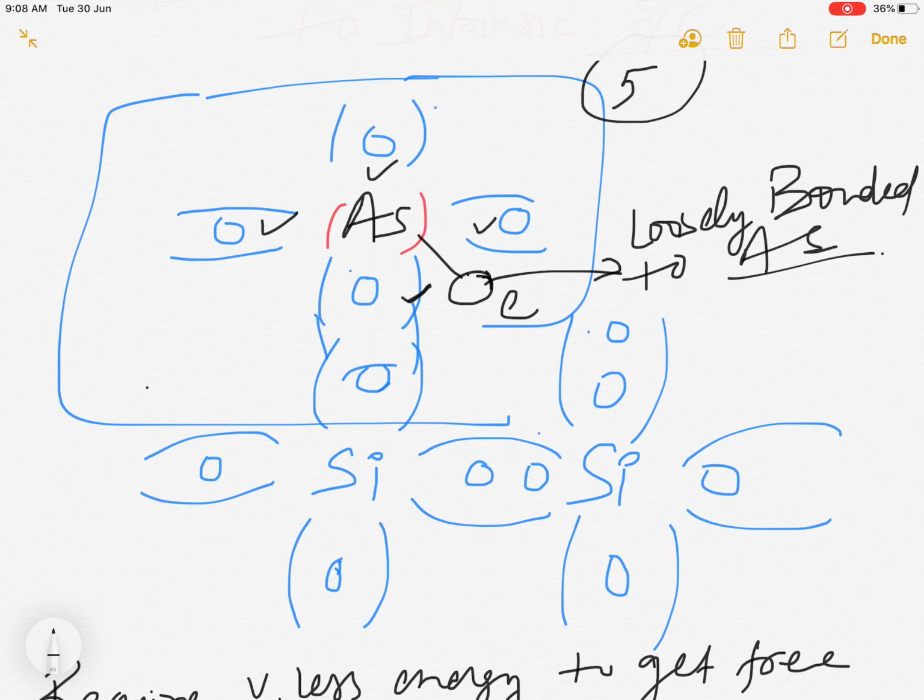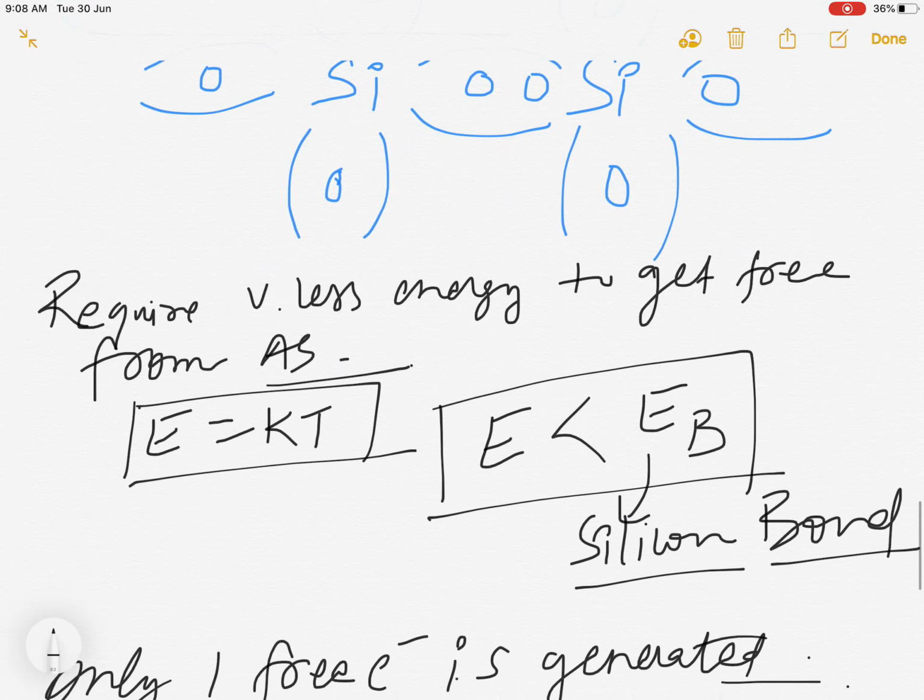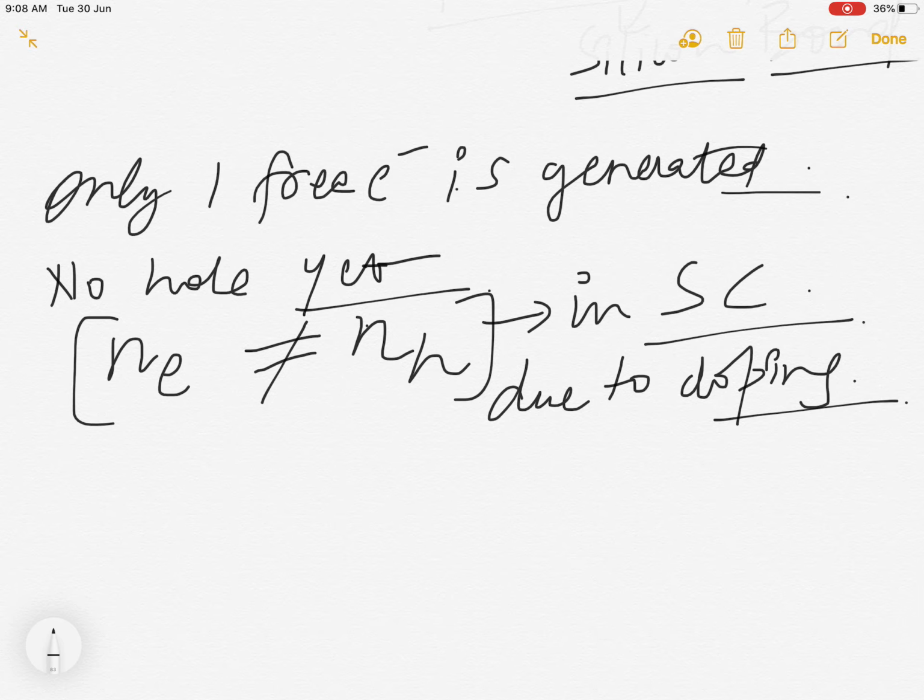We will talk about it later. So if we replace it with an atom, there will be more number of electrons than holes. Ne would be greater than Nh.